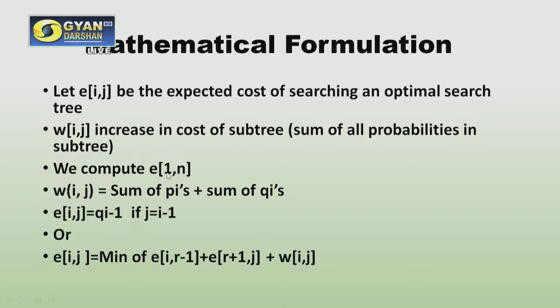Then what we are interested in computing is the overall cost, the expected cost from node 1 till node n, and Wij, which is the sum of all probabilities, the Pi's and Qi's. The value of Eij is going to be Qi minus 1 if j equals i minus 1.